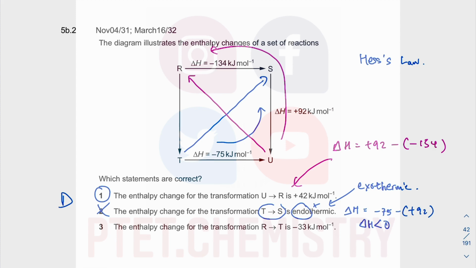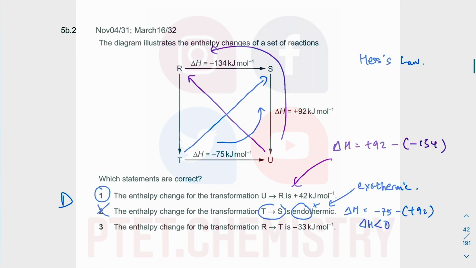Why is that one incorrect? Huh? Let me think. That is weird. Does it give you plus 42? I know.